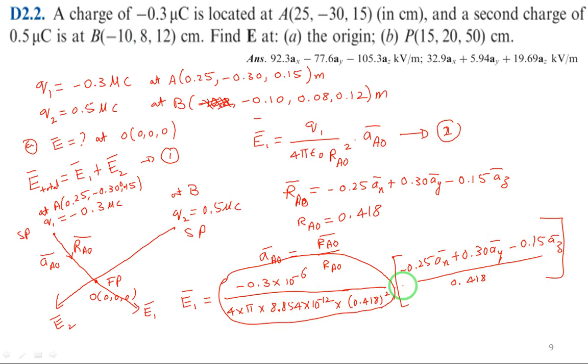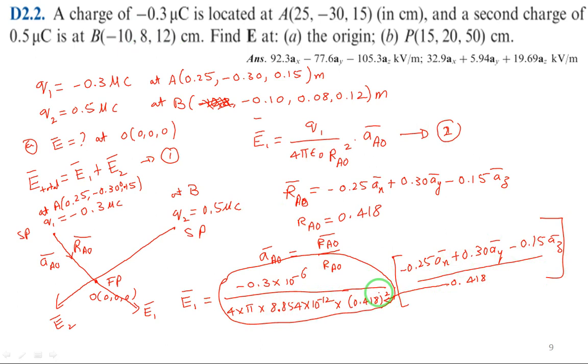And this 0.418 I can take out. I will take it out and make it 0.418 cube, the denominator. So this is taken in this only. I am putting the arrow mark here for calculation. So minus I will leave it. I will not worry about minus.